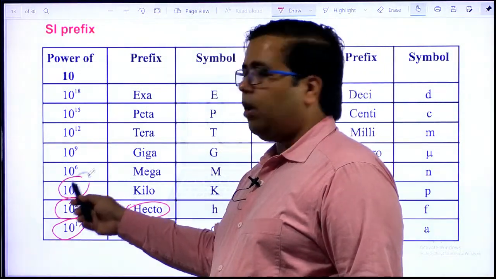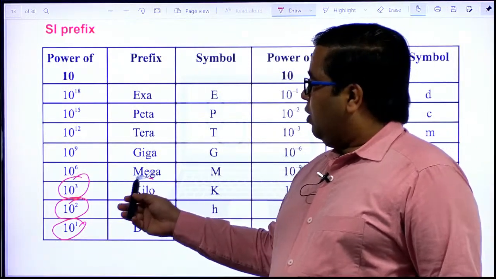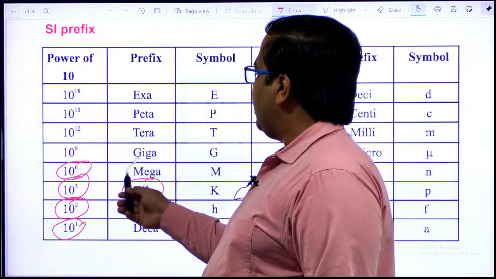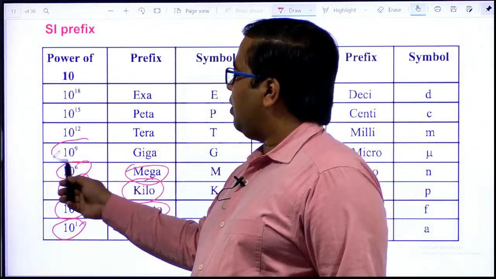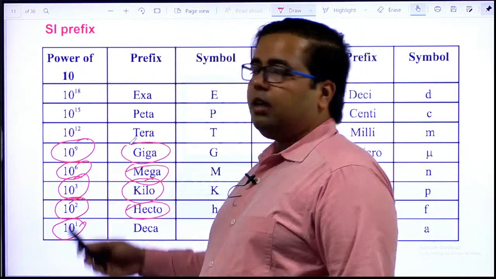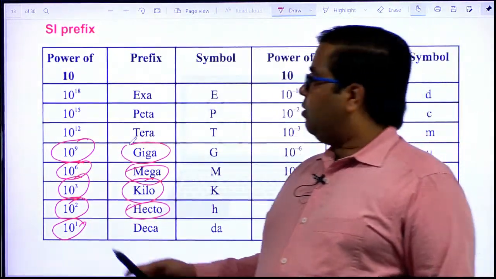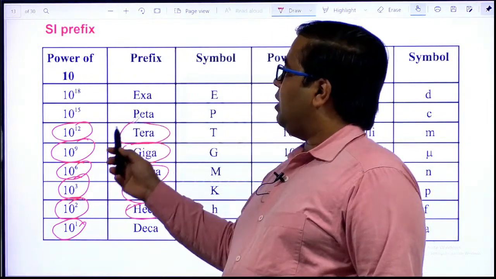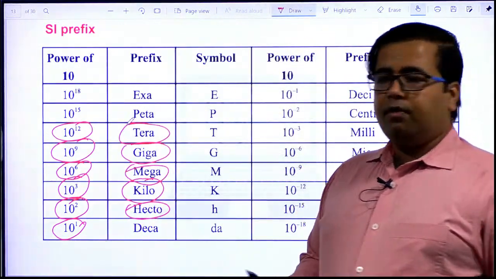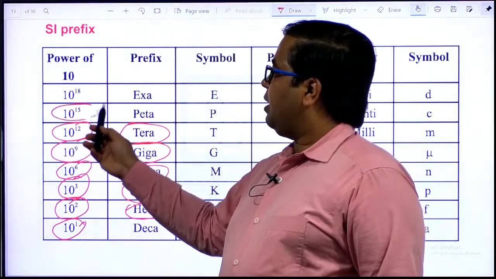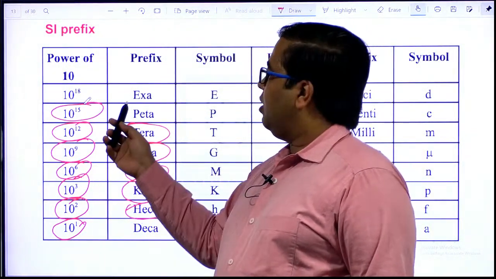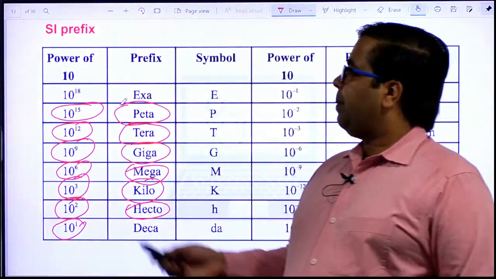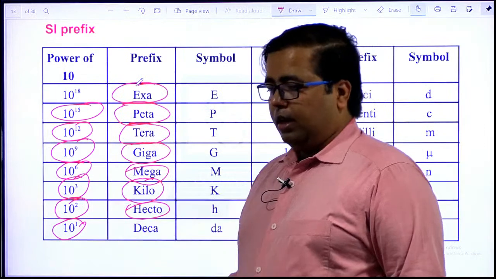When you have 10 to the power 3, it's kilo, like kilometer. 10 to the power 6 is mega, like megameter. 10 to the power 9 is giga, like gigameter. 10 to the power 12 is tera, like terameter. 10 to the power 15 is peta, like petameter. 10 to the power 18 is exa.